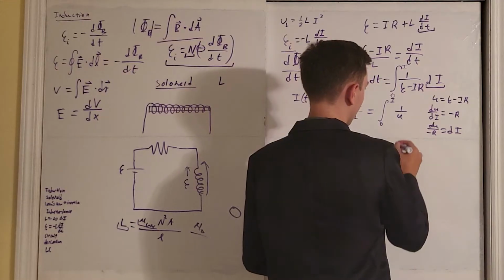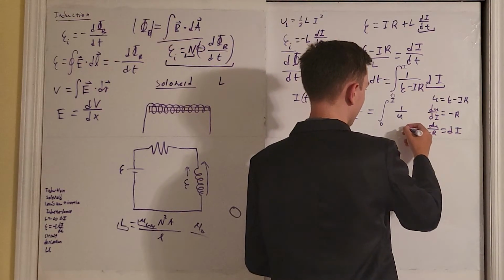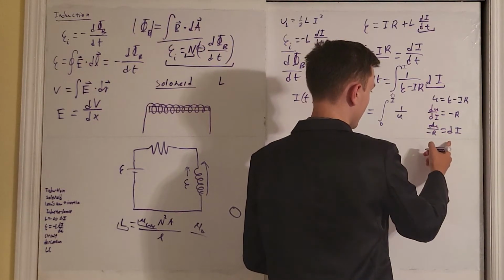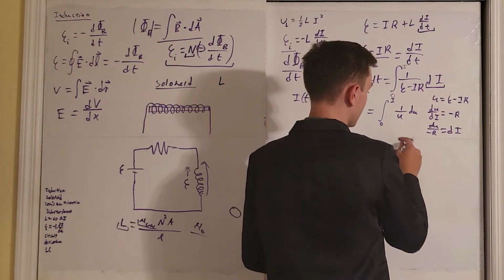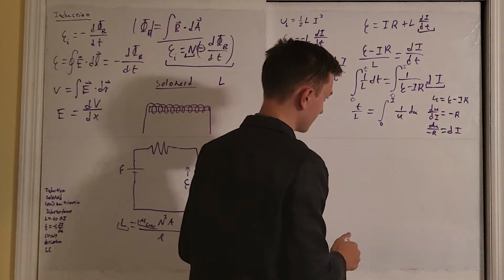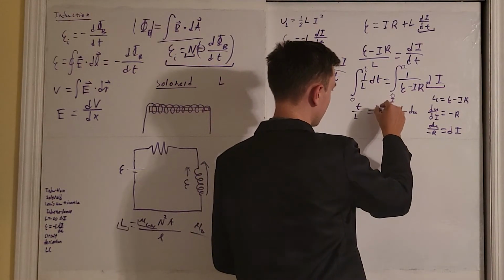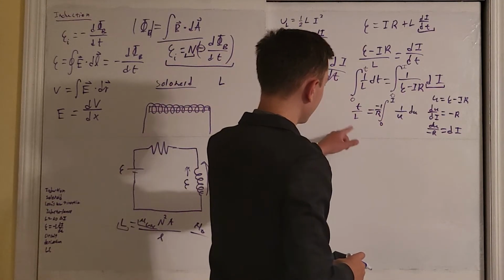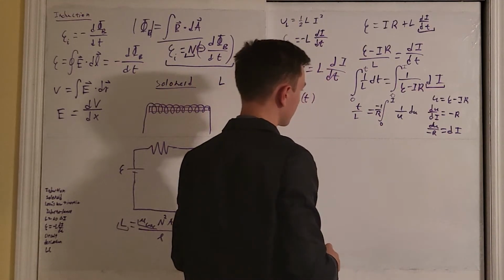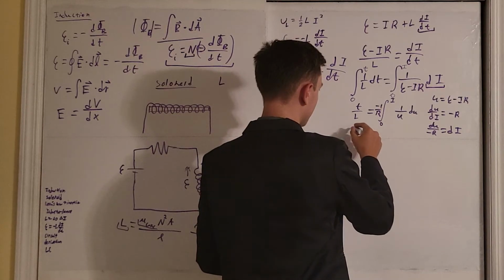So if I rewrite this, this is going to become 1 over u, which represents epsilon minus IR, times dI, which we now know is du over negative R. So the resistance of our circuit is going to be a constant, so I'm going to pull that out, negative 1 over R. Okay, and since it's a constant I pulled out of my integral, I might as well bring it to the other side. Multiply both sides by negative 1.